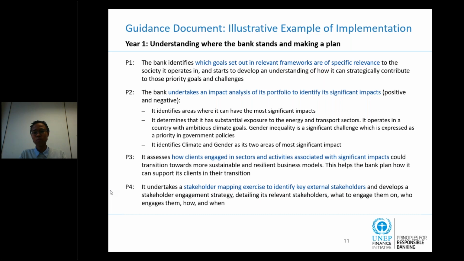Just to say that there are significant and numerous resources available within UNEP FI related to positive impact. There are methodologies being developed that are available to signatories. They're currently being finalized, and signatories are encouraged to apply the methodologies to help identify the positive and negative impacts.